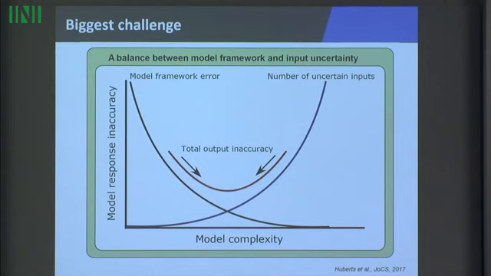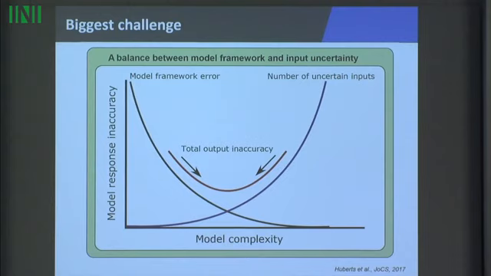That is, you need to find a proper balance between model complexity and model uncertainty due to uncertainties in your input parameters. And I adopted the terminology from safety and reliability engineering, so from aerospace engineering actually. We can try to reduce the model framework error.